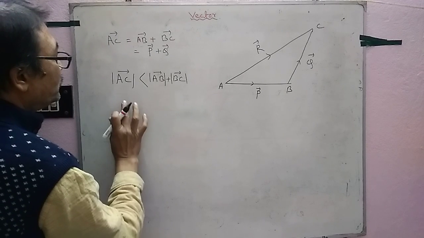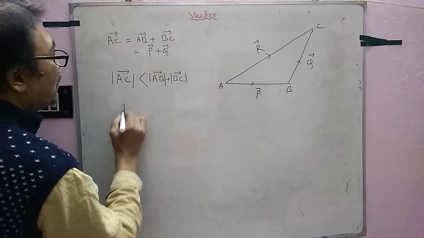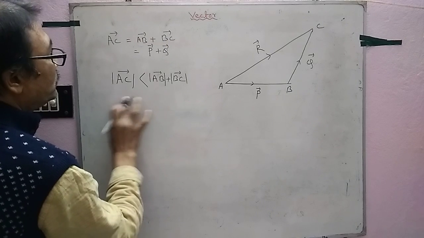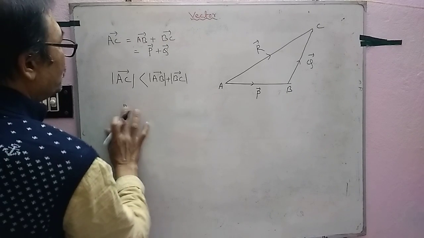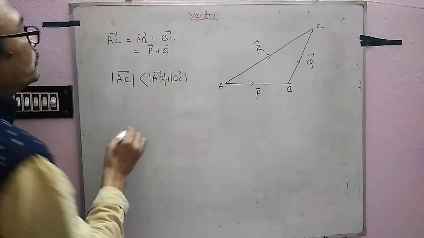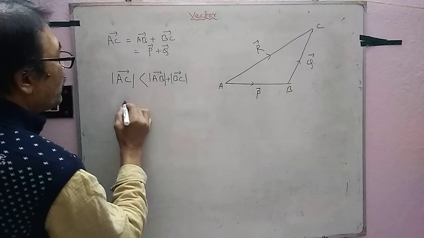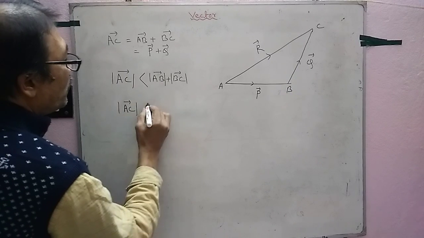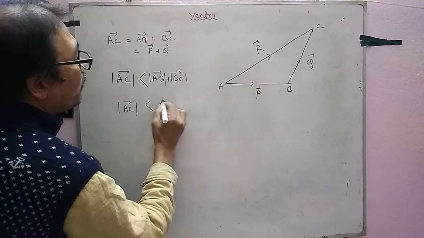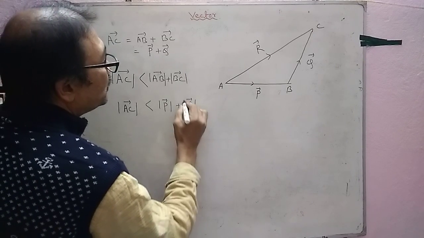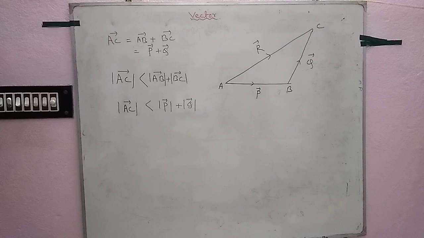The resultant R is less than P plus Q. Clear?